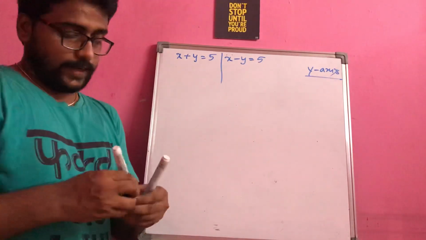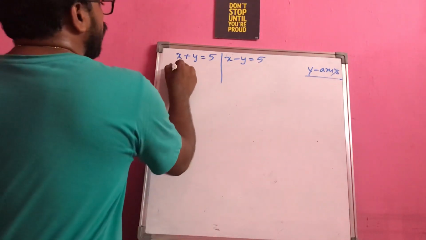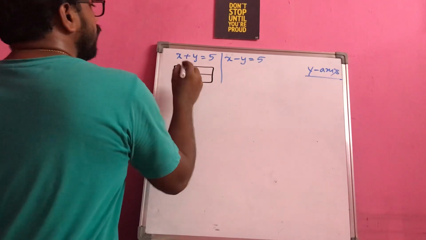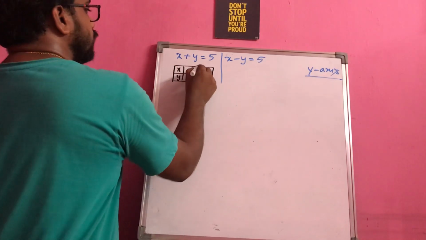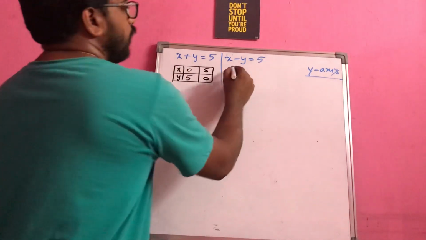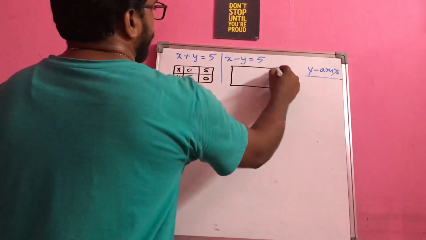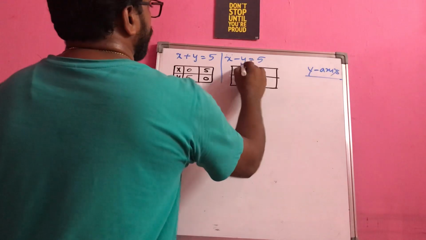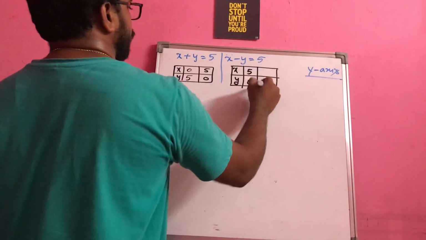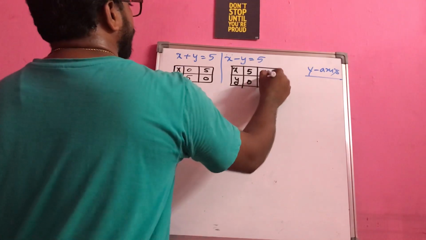Before that, let us find the values of x and y. If I substitute x with 0, y is 5, so (0, 5). Even here, if I substitute y with 0, the x value is 5, so (5, 0).